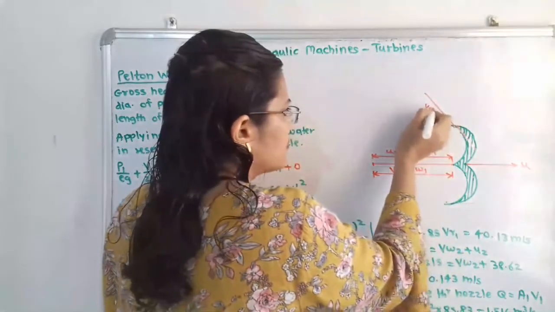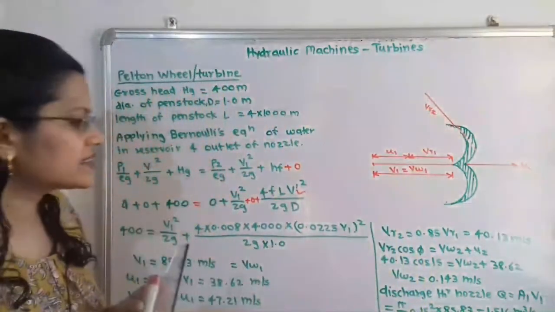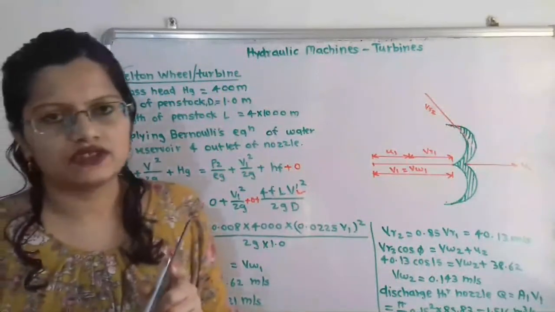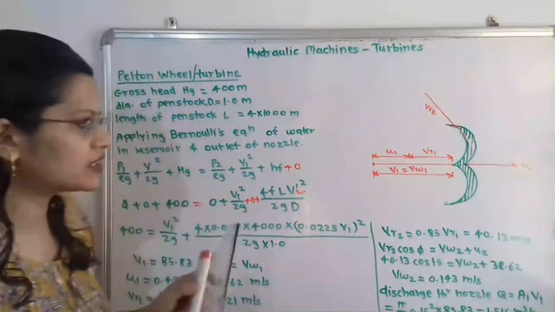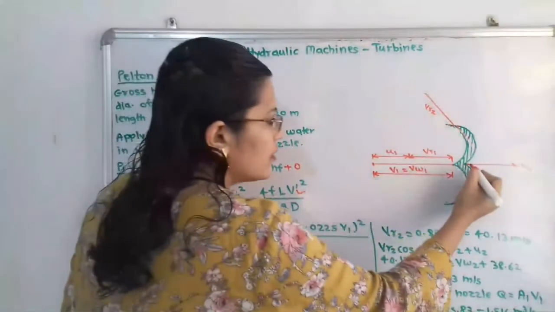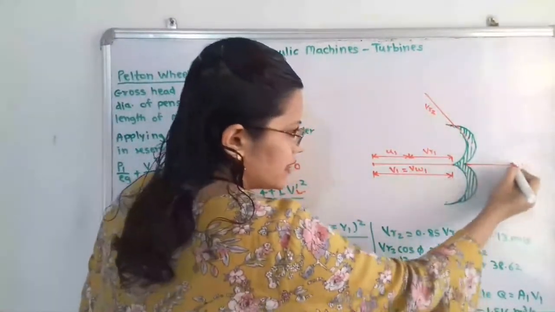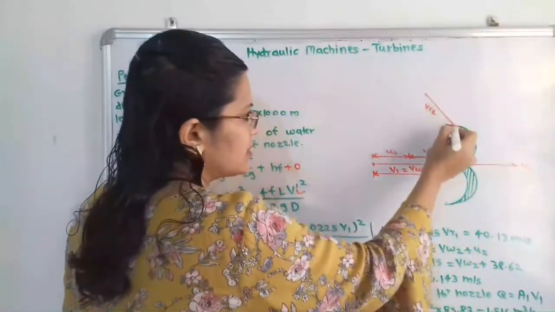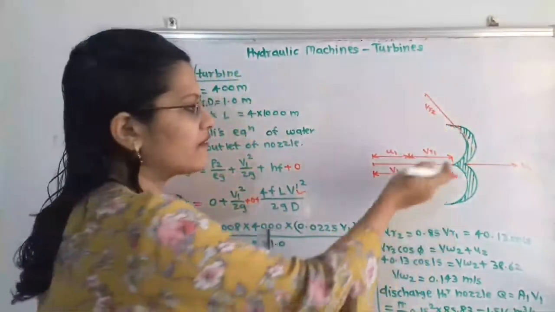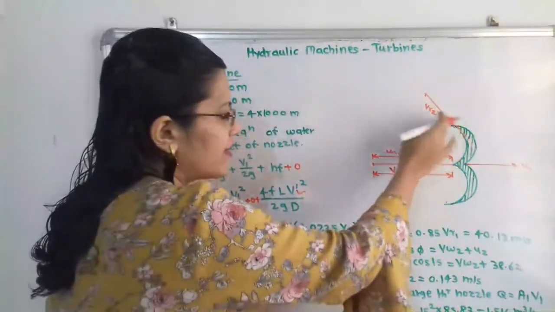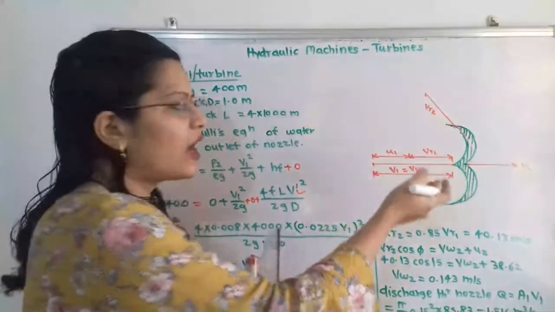Now again it is given the angle of deflection. How to show the angle of deflection? Here is the speed of this bucket in the horizontal direction, and this is the direction of the jet after gliding over the bucket, or we can say at the outlet tip.